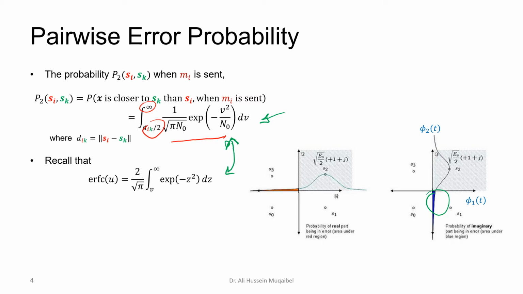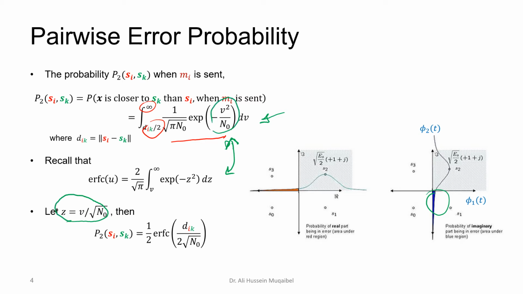If you compare these two together, you can assume that Z equals V over square root of N naught. So if you square Z, you get the same expression here. Then dz equals dv divided by square root of N naught, and of course this is going to cancel out, and this way you get just square root of 2.